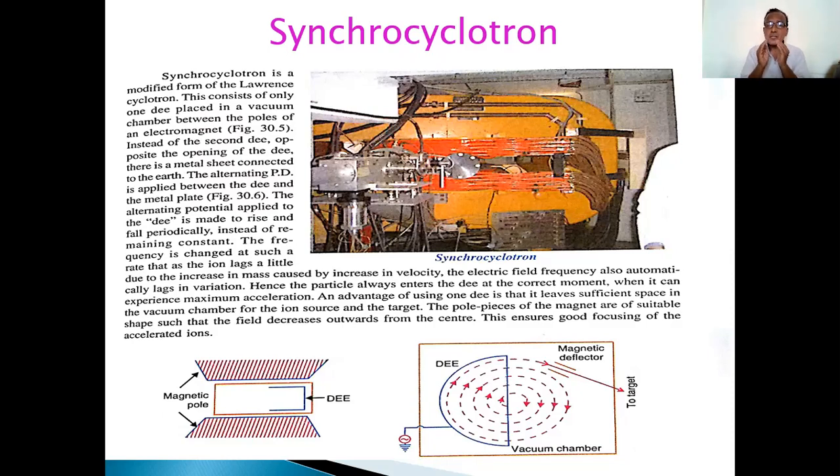And this alternating potential, which is applied to the D, is made to rise and fall periodically.